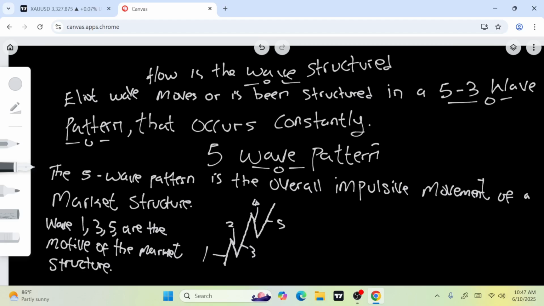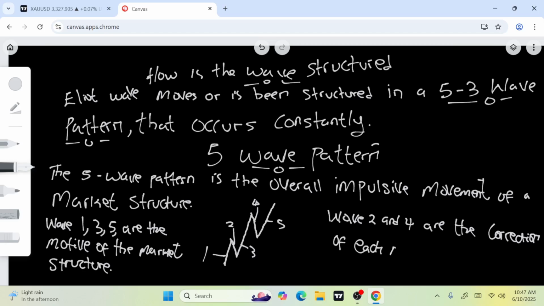But wave 2 and 4 are the correction of each motive wave.